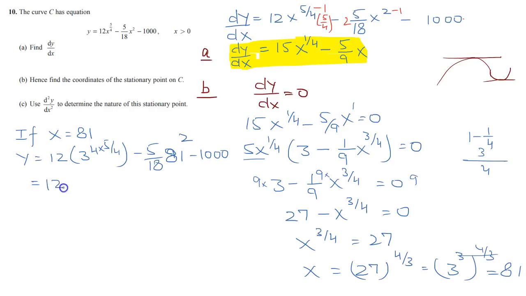So this is 12, 4 cancels, 3 to the power 5. Twelve multiplied by 3 to the power 5 minus 5 multiplied by 81 squared over 18 minus 1000.